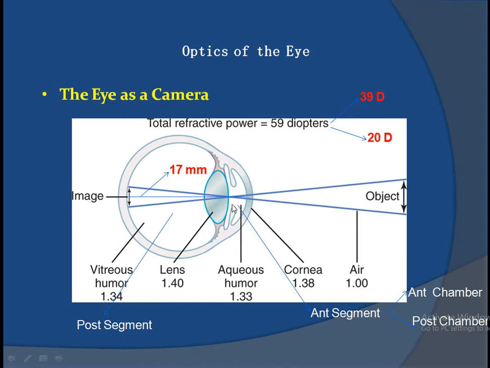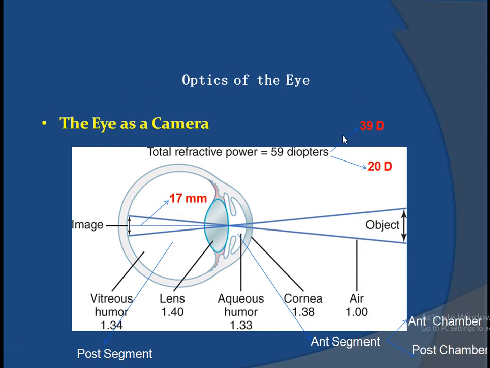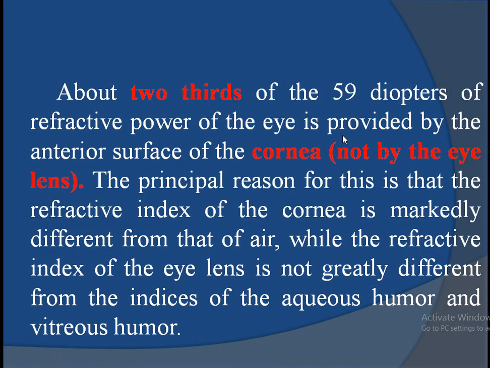So this fluid media, outside air, then these denser media, they are all affecting the refractive power. Two-thirds of the 59 diopters of the refractive power of the eye is provided by the anterior surface of the cornea, not by the lens.